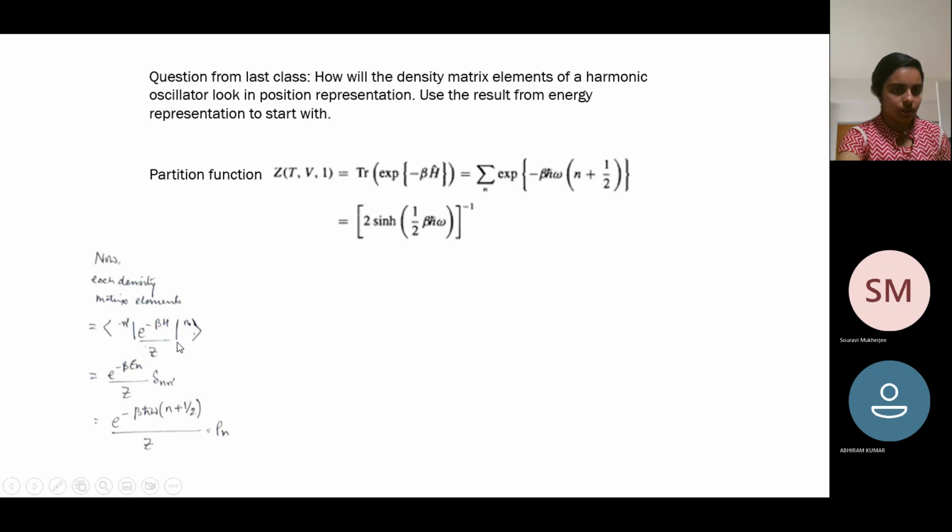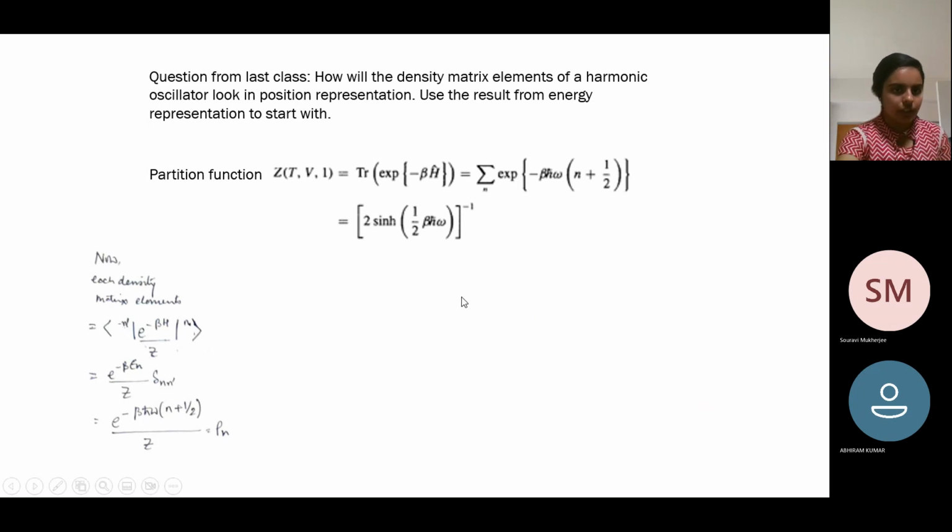Because they are orthogonal to each other, you will get e to the power minus beta epsilon n by Z, because when this operator operates on n, the value that comes out is e to the power minus beta epsilon n by Z. And then because they're orthogonal, you get delta n n prime. So this is the value you get for each density matrix element, and they are orthogonal to each other in the energy representation.